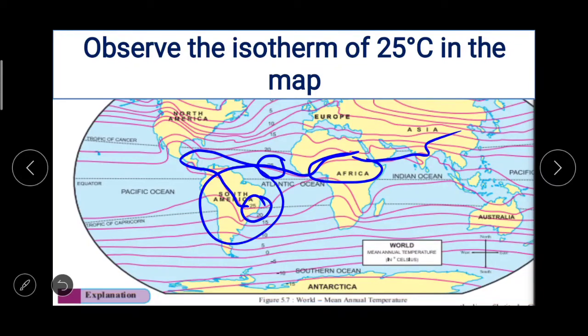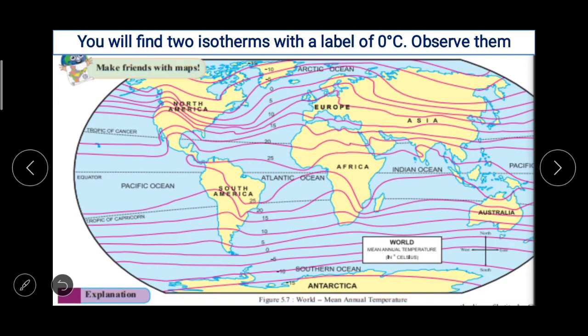You can easily observe this by using your textbook. So you'll find two isotherms with a label of 0 degrees Celsius. One is here, 0, and one more here.